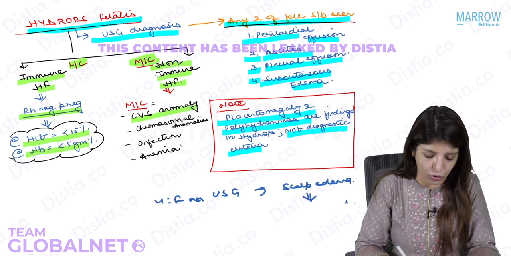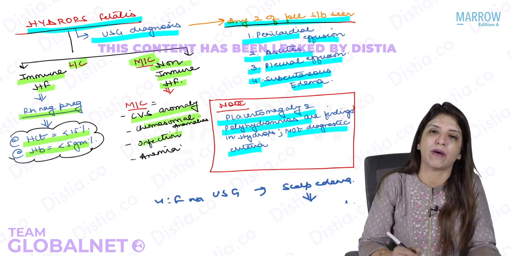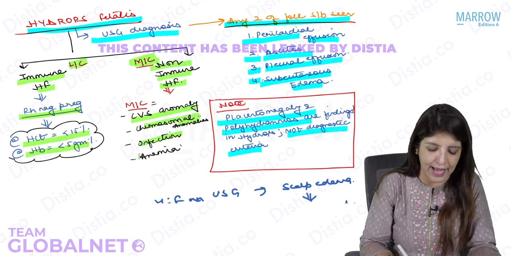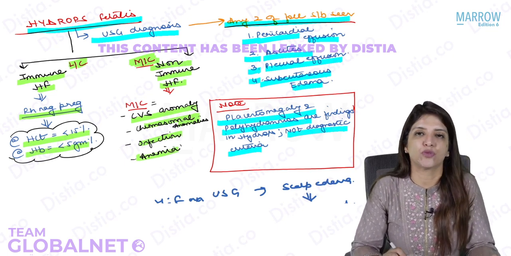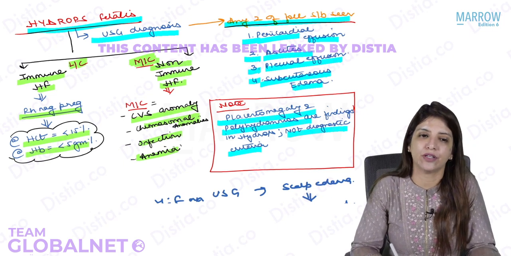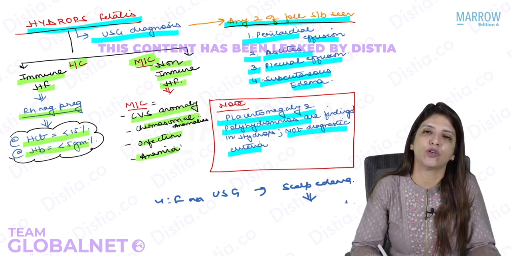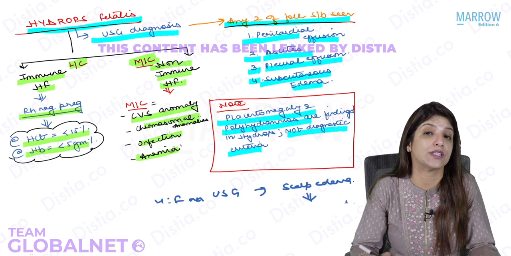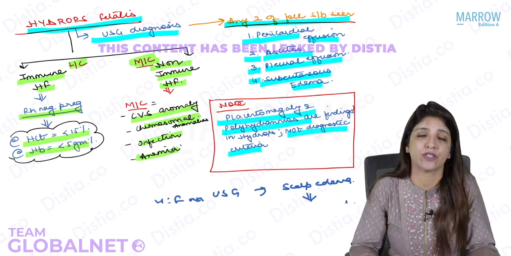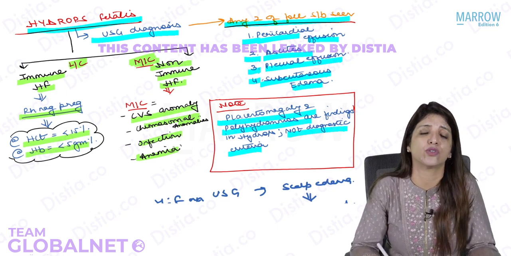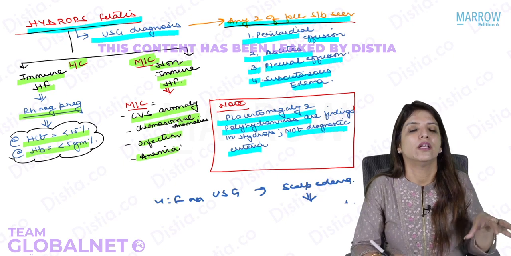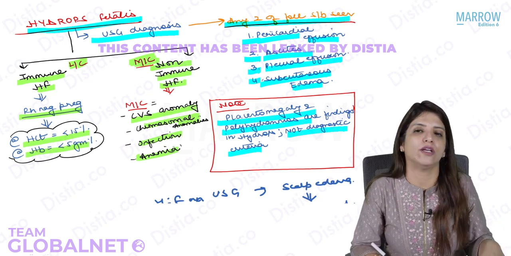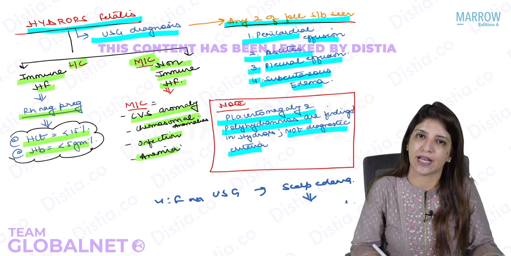Other than that, chromosomal anomalies, infections like parvovirus B19 infections and certain TORCH infections, and anemias and thalassemias. So these are the causes of non-immune hydrops fetalis.